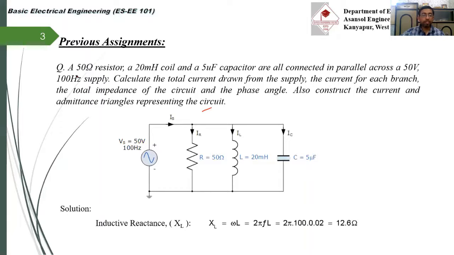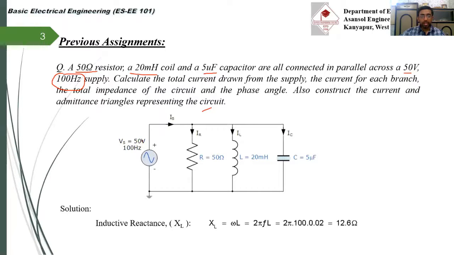So what are the important terms included in this question? The resistance value, inductor value, that is 20 millihenry, capacitor value 5 microfarad, and most important thing is frequency, that is 100 hertz, and 50 volt is the voltage source.